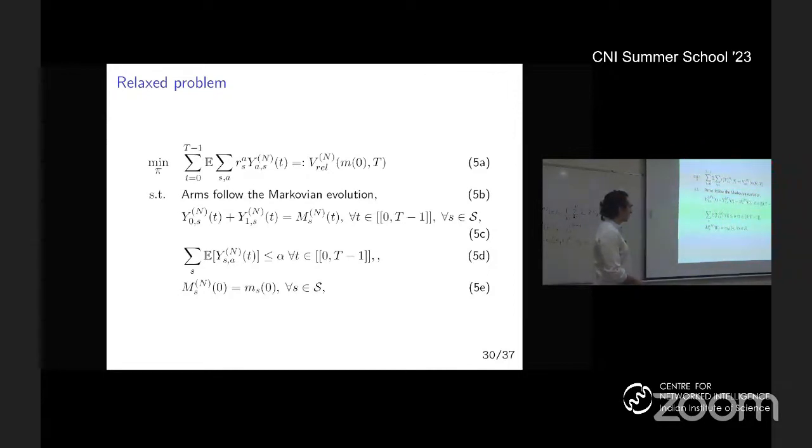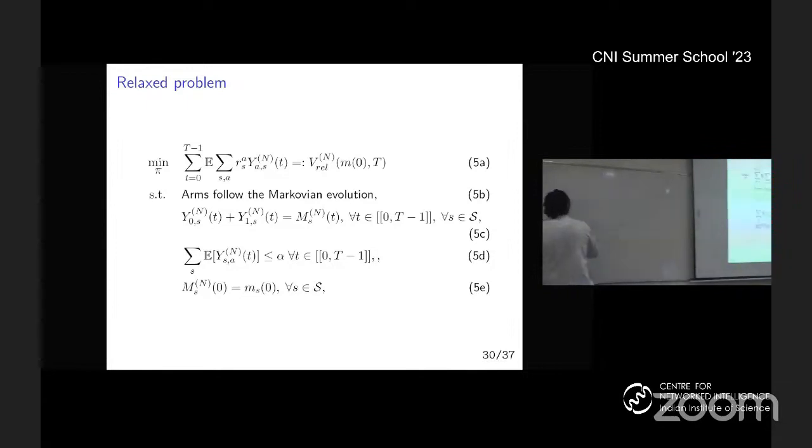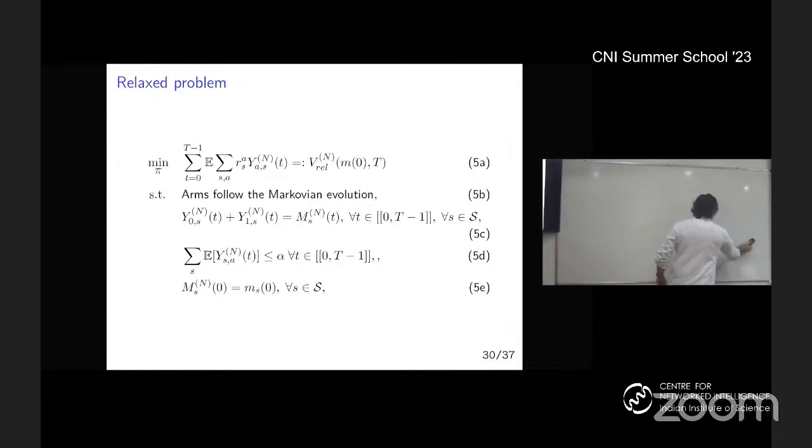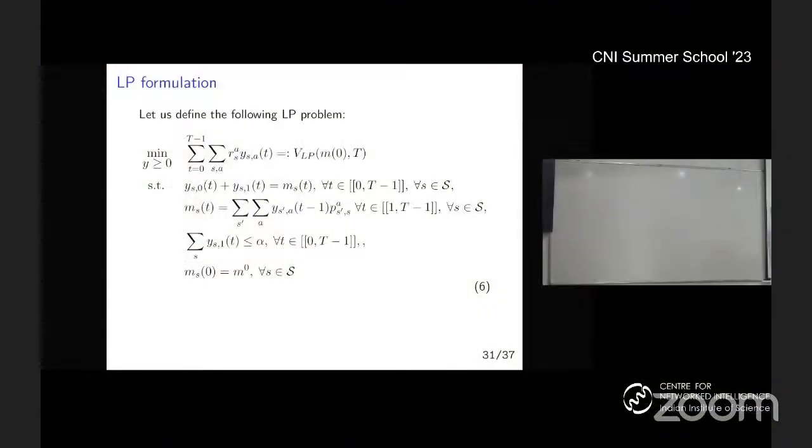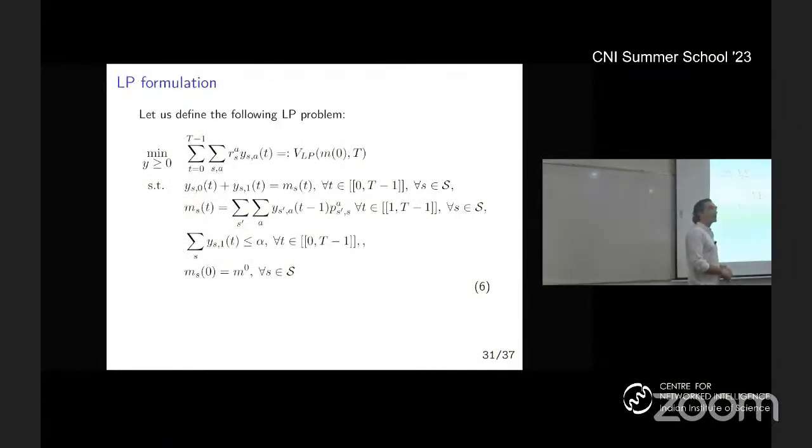Why is it making the problem much simpler? So let's see why. Actually, what's happening is you can define a similar LP problem as before, where the variables are a bit different.